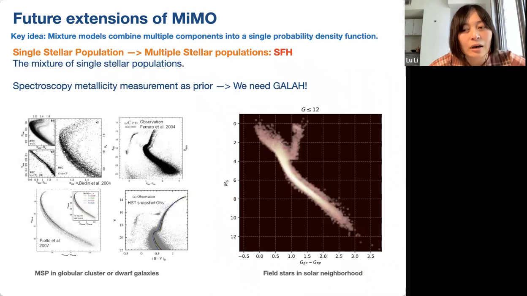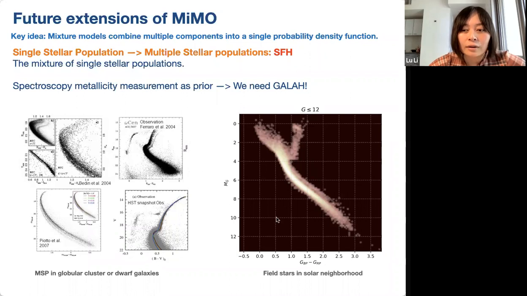Another extension is multiple stellar populations. The key point of our framework is that the mixture model can combine multiple components into a single probability density distribution. For open clusters, it is the combination of SSP and the field. For multiple stellar populations, it can be the combination of multiple SSPs. So using our method to analyze multiple stellar populations is a natural extension.